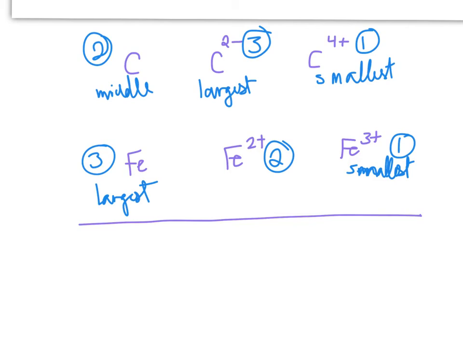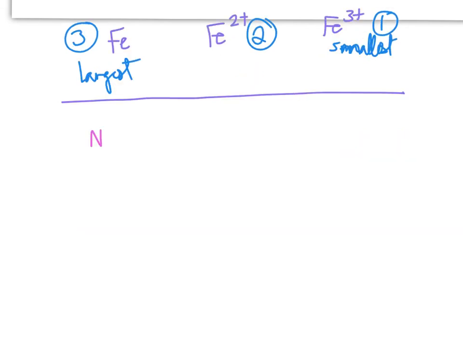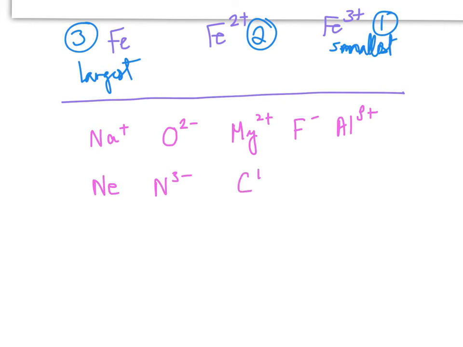So let's say that I have Na plus, and I have O2 minus, and I have Mg2 plus, F minus, Al3 plus, neon, N3 minus, and let's say carbon 4 minus.